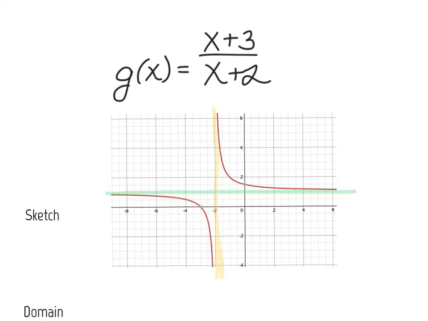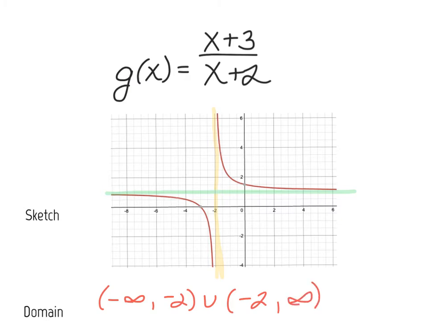All right, let's talk the domain. As I move from left to right, it goes to negative infinity, and then right here I've got a break. It comes back up and shoots forever to positive infinity. So my domain goes from negative infinity to -2, union -2 to infinity.